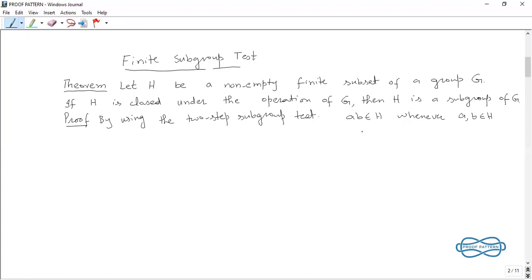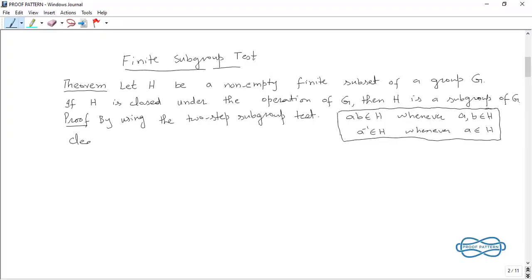And the second condition is A inverse belongs to H whenever A belongs to H. So this is the two-step subgroup test which we already studied in the previous videos. Okay.